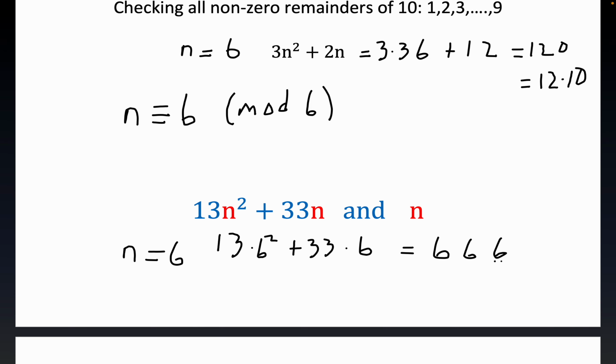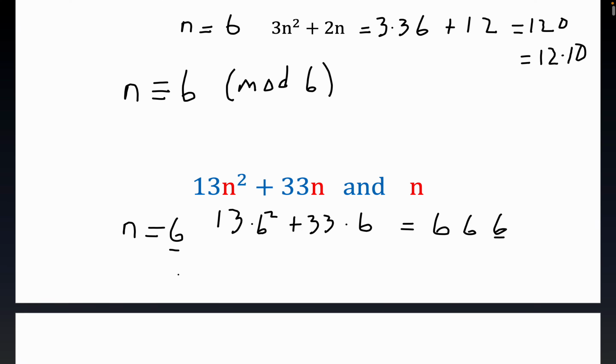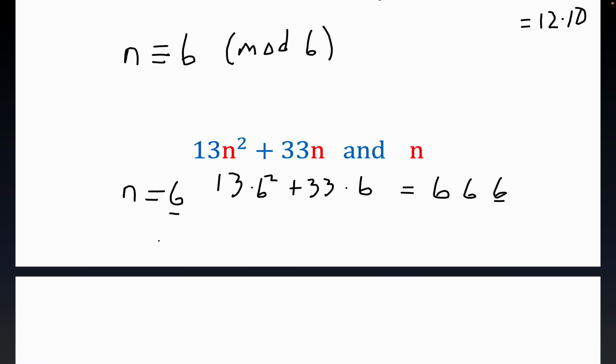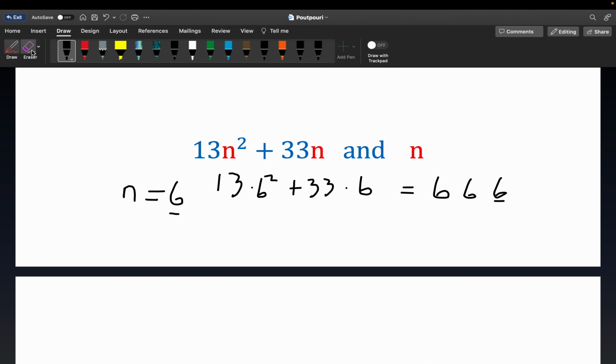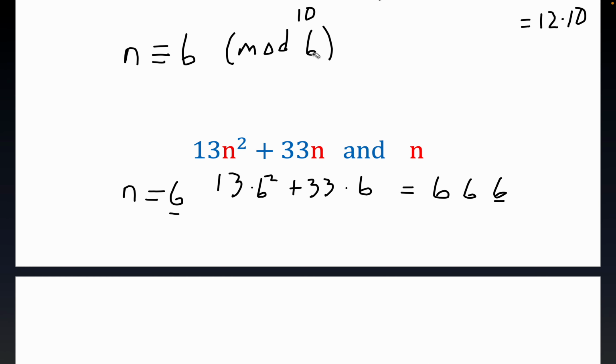So there's the 6. There's the 6. Now let's try another one. n equals 16 is also congruent to 6. Oops, y'all, this should be mod 10 right here. Sorry about that. Let me erase. So that should be a mod 10 right there, folks.